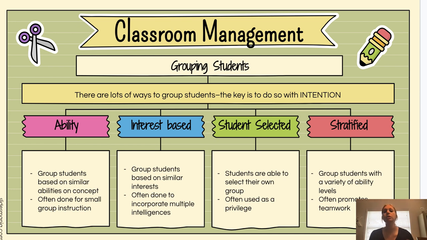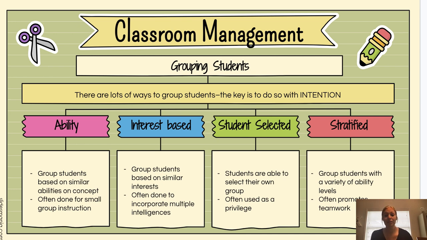Then students selected. I did not do this very often, because this is where behaviors come about. As you know, best friends, and especially in upper elementary, they start to form cliques. I wouldn't say bullying, but that's where you start to see it. Student selected is when they pick their own partner, and it just caused some drama, so we didn't do that very often.